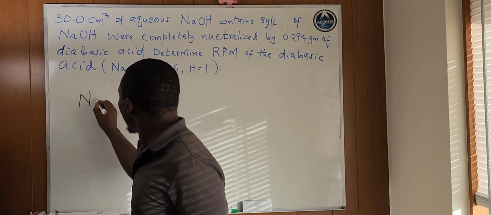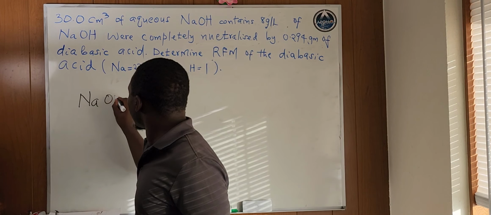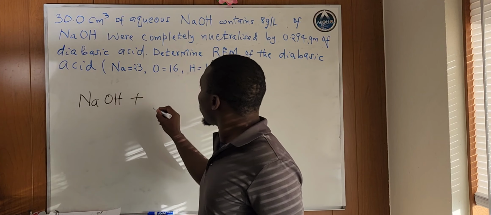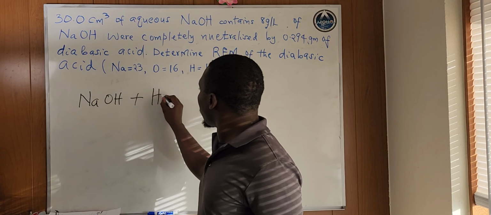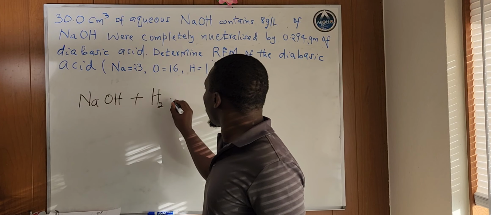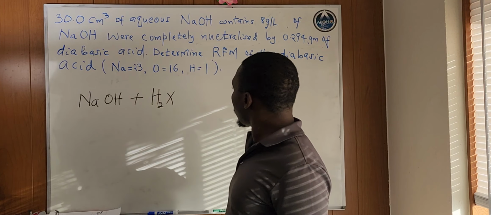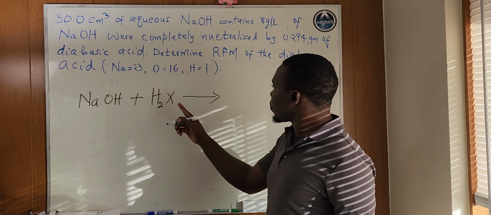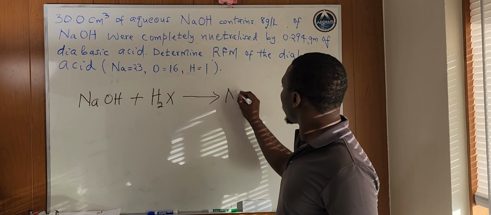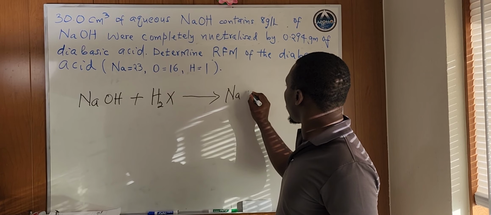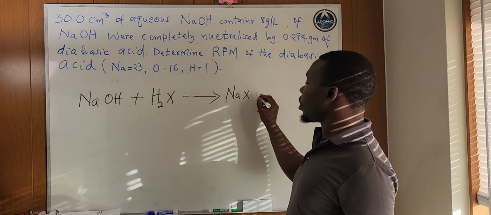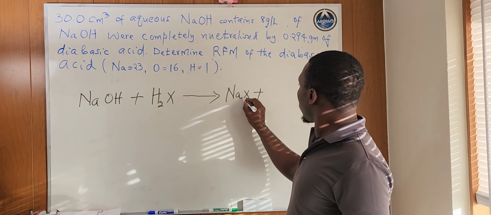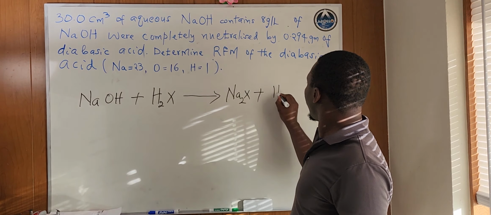Sodium hydroxide plus acid will give you a salt of sodium X plus water.